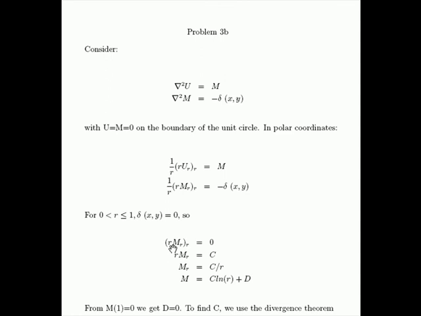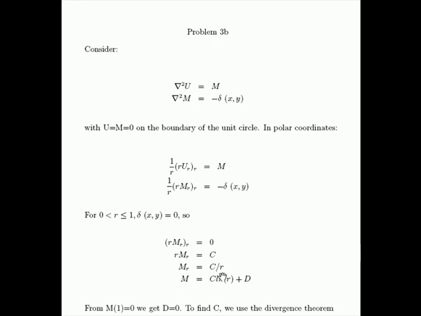That means this sub r is 0, which means r m_r must be a constant. Therefore, m_r is c over r. And do another integration with respect to r, you get c log r plus d. So there's your general solution for m. Now, since m is 0 at r equals 1, you plug in r equals 1, log 1 is 0, so d must be 0, so the d disappears.